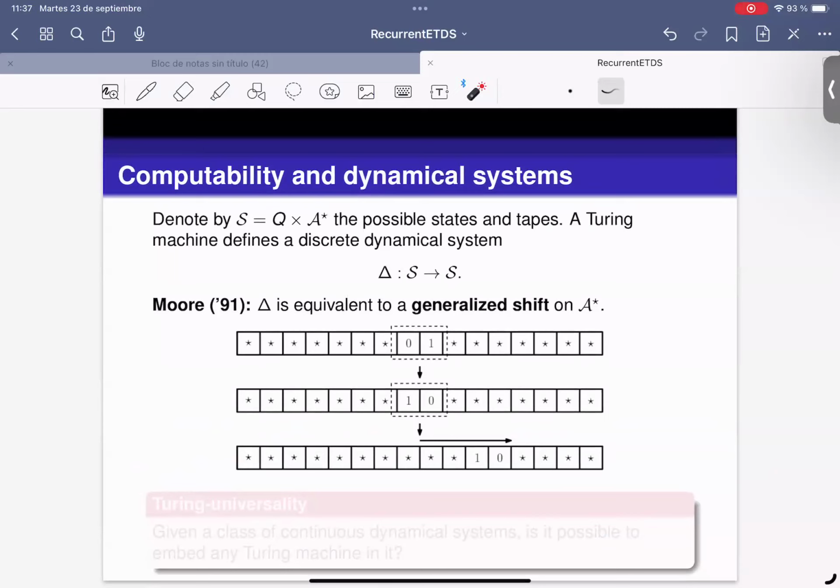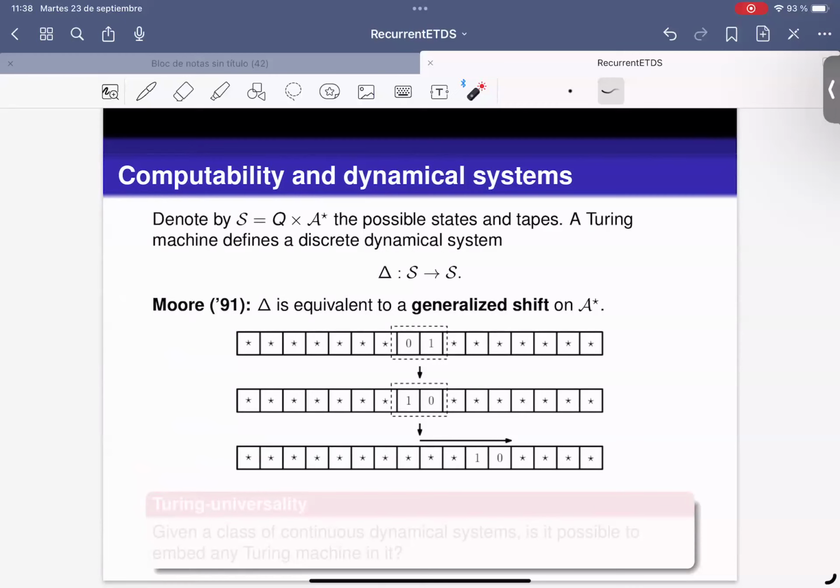Exactly. But it's better to think that the tape is written with only finitely many symbols, because the Turing machines that you care about are those that halt, and those that halt are only able to read finitely many symbols. So without loss of generality, we can think that the tape has finitely many non-blank symbols.